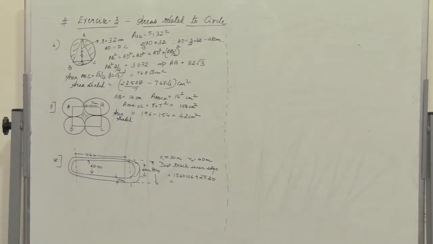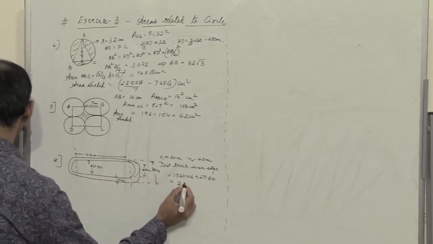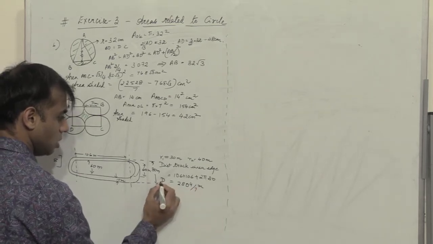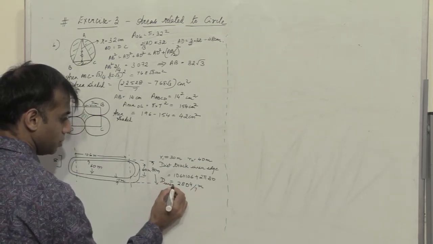So this gives us a value of 2804 by 7 meters. So this is the distance along the inner track.